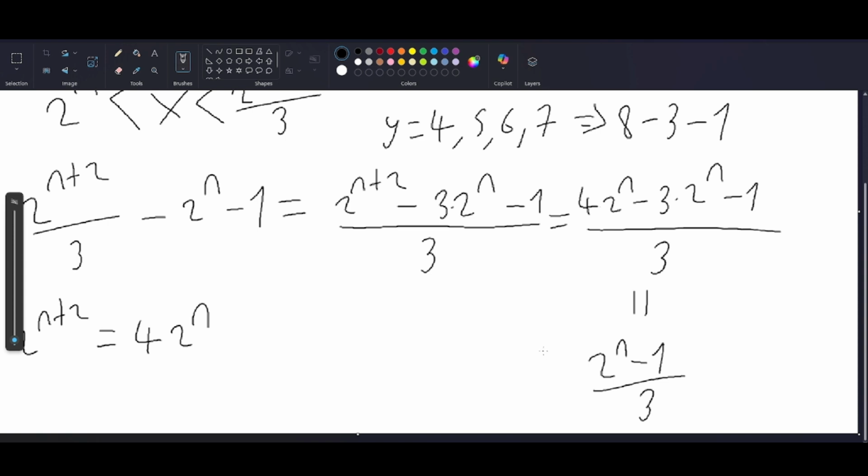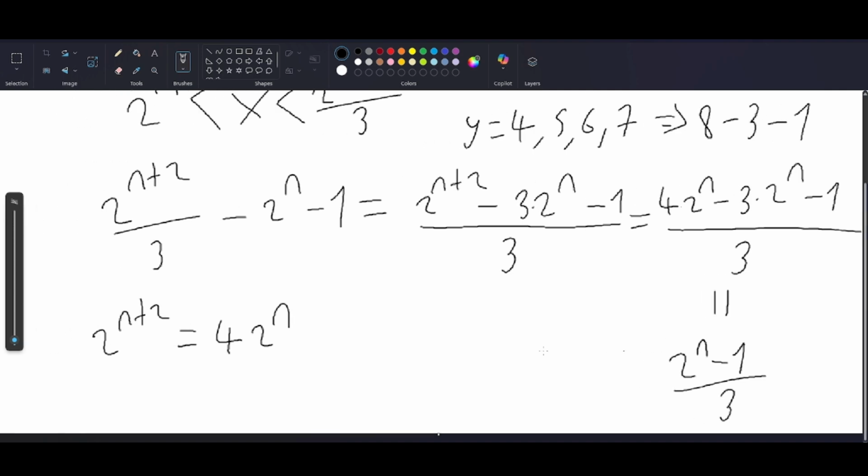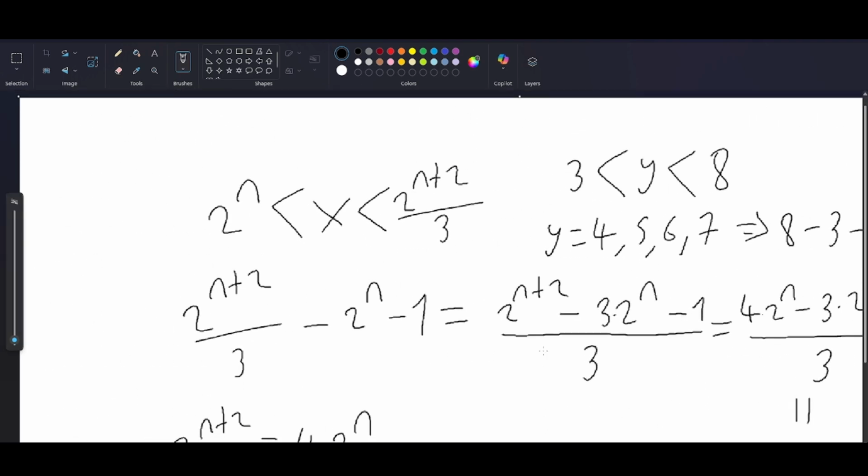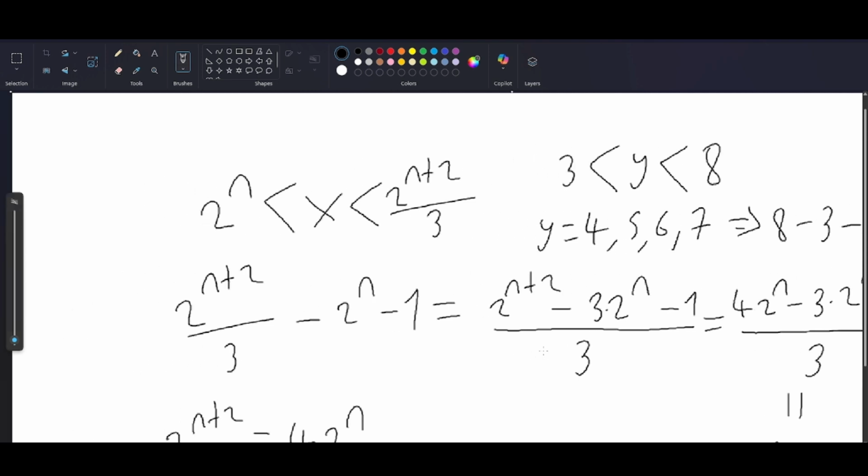Well, that's basically your answer. And yeah, that's basically it. One question that you might ask is that when we divide a power of 2 by 3, we don't get a whole number. Like, this is not going to be 15, it's going to be 15.23, something like that. So yes, you are absolutely right.